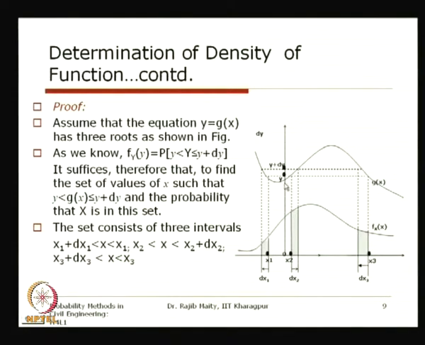This is the location of y, and these are the 3 specific values of that root. As shown here, this one is x1, this one is x2, and this one is x3. It will be more clear if I redraw it one after another.